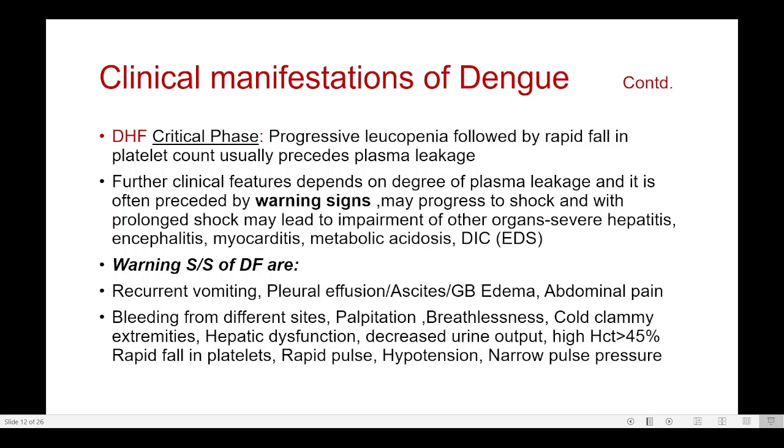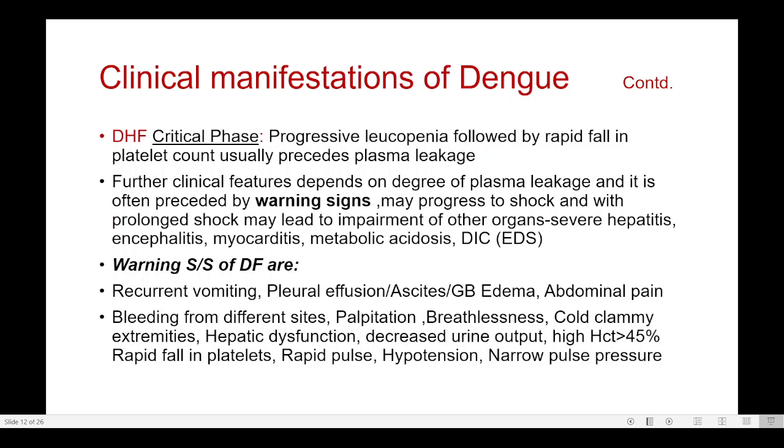Also, spontaneous bleeding from different sites like epistaxis, melena, hematemesis, bleeding from gums, or it may be associated with palpitation depending on how high the pleural effusion is. Ascites, breathlessness may also occur. If associated with shock, then cold clammy extremities can be found.